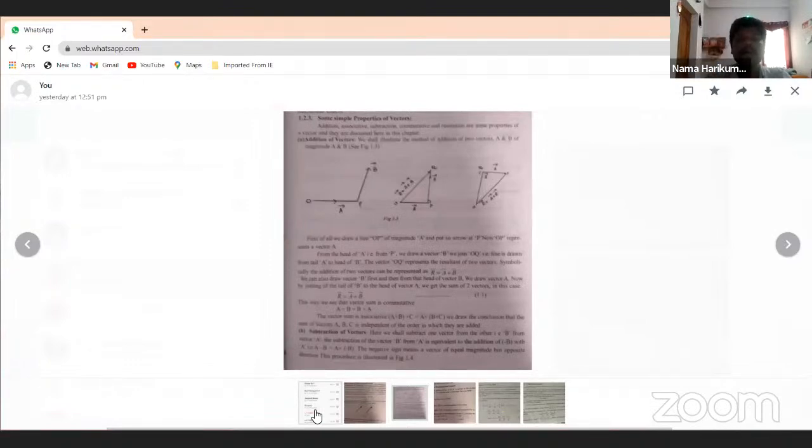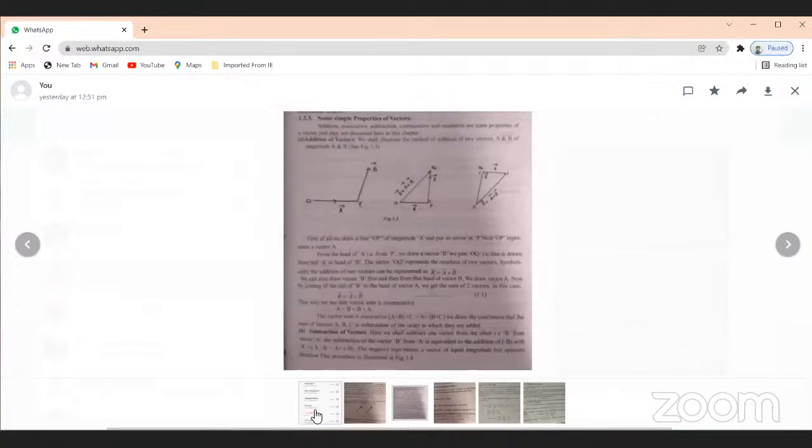So A and B two vectors we can add. The representation of A and B is R equal to A plus B. That is, O to Q is the representation of the value A plus B. So the addition of two vectors has the value A plus B. Addition means you add the two vectors A and B, and the value is A plus B. Okay, right, clear?